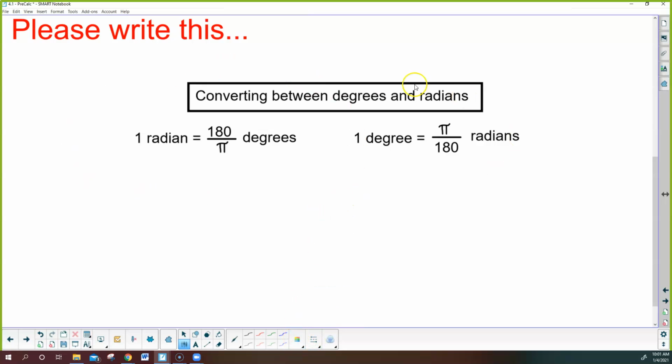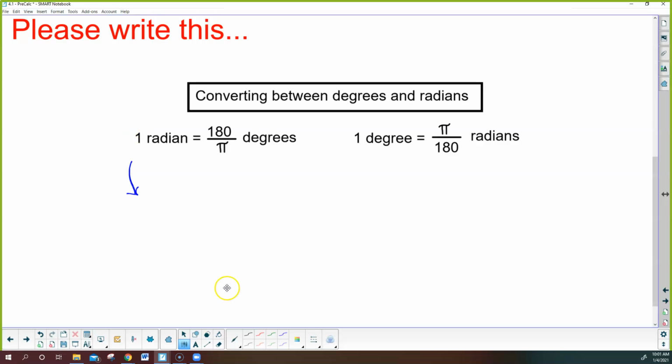All right, so you guys are writing this part here. I just want to quickly show you where this came from, because sometimes students get confused on, well, wait a minute, why is this the way it is? Well, what if I just move this pi over to the other side? So don't write this part right here. But what if I take pi, and instead of doing 180 divided by pi, what if I times pi over to this side?